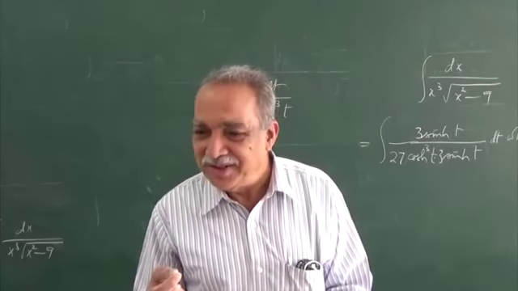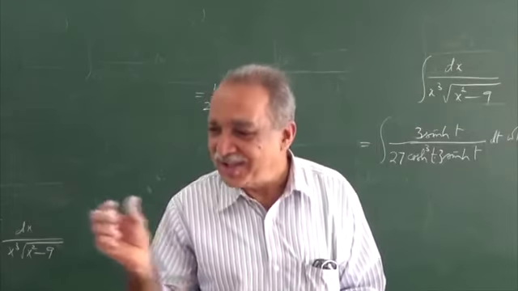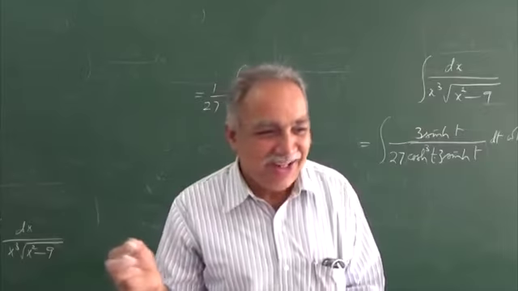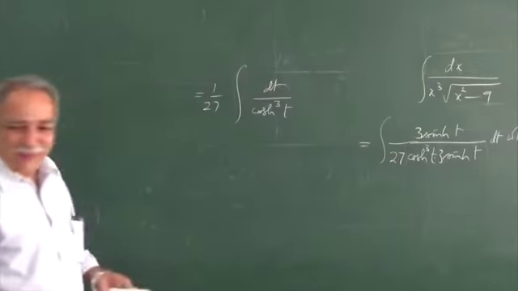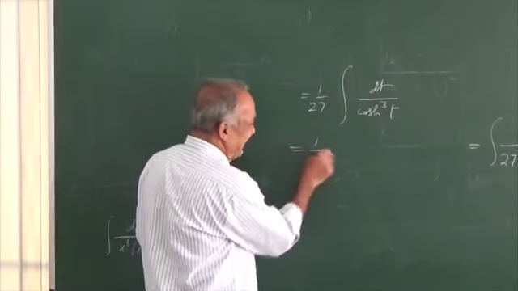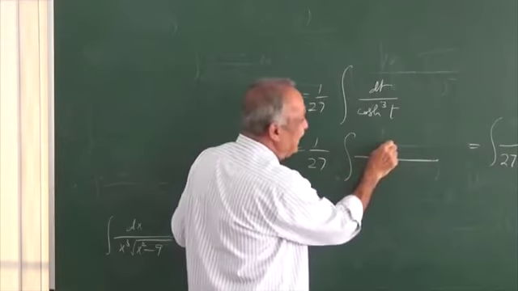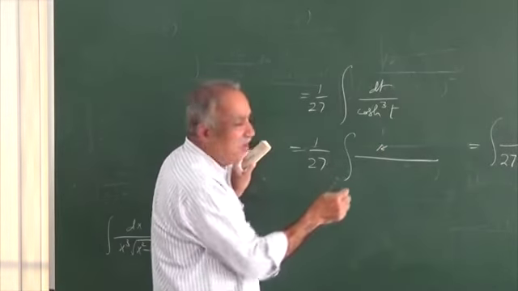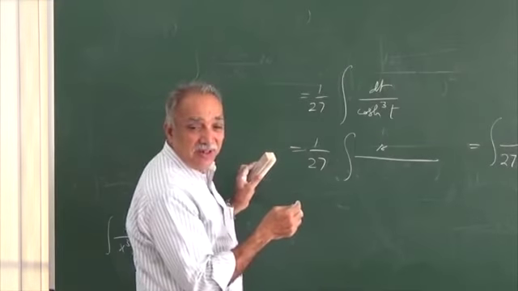Still there is a method. You write sin cube x as sin square x into sin x, change sin square x to 1 minus cos square x, and apply the substitution cos x equal to t. What will you do now? Why secant hyperbolic? What is the derivative of cos hyperbolic?